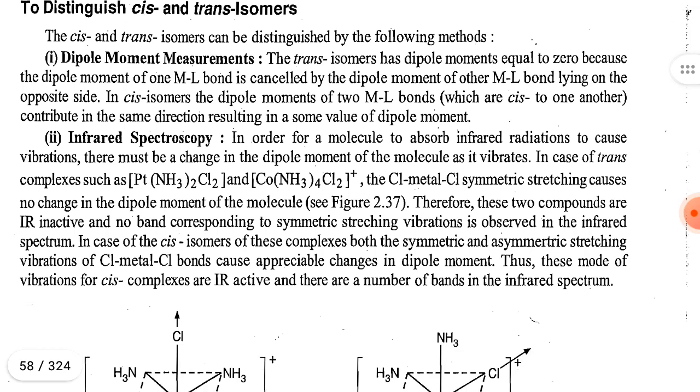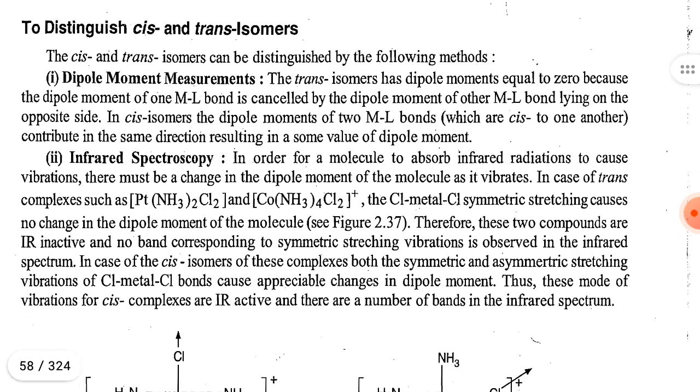Dipole moment measurements. The trans isomer has a dipole moment equal to 0 because the dipole moment of one M-L bond is cancelled by the dipole moment of the other M-L bond lying on the opposite side. So why do the trans isomers show 0 dipole moment?